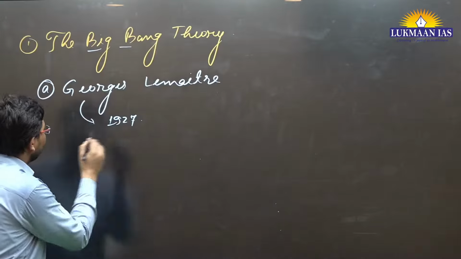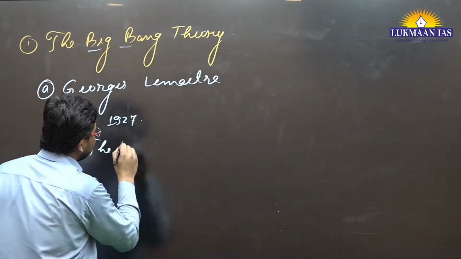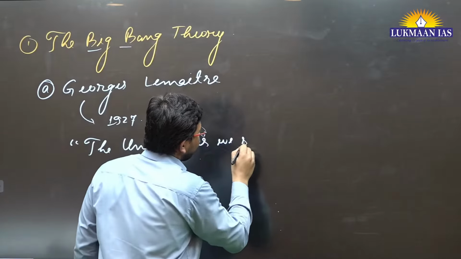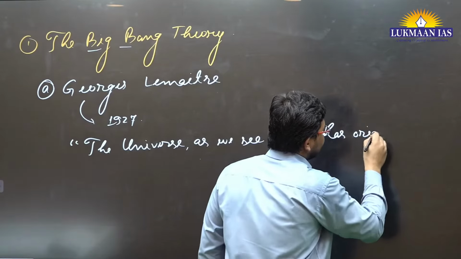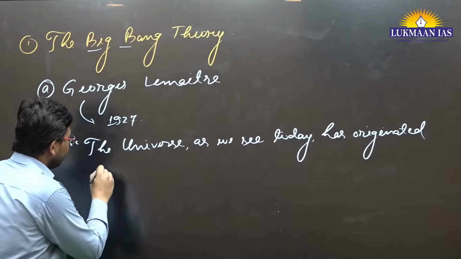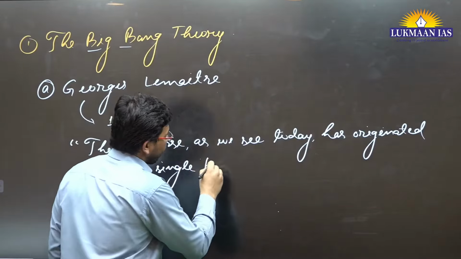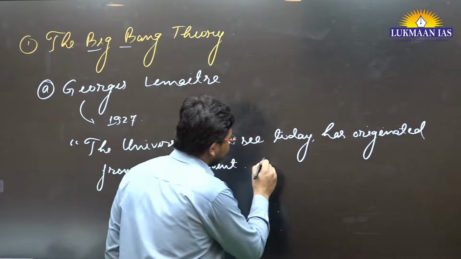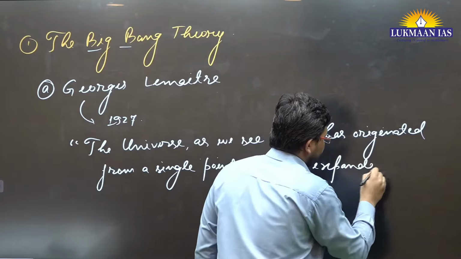So in his idea, you can write down this thing quickly. He said, number one, the universe as we see today has originated from a single point, over the time it has expanded.